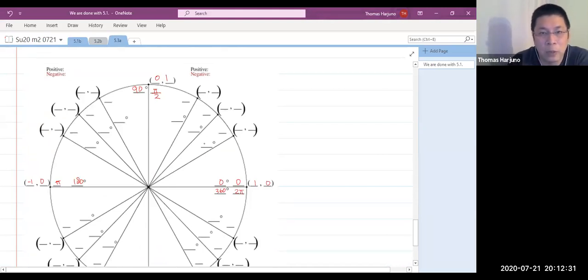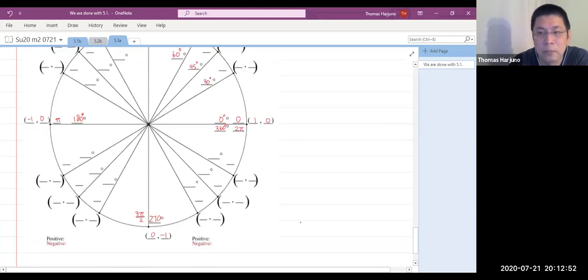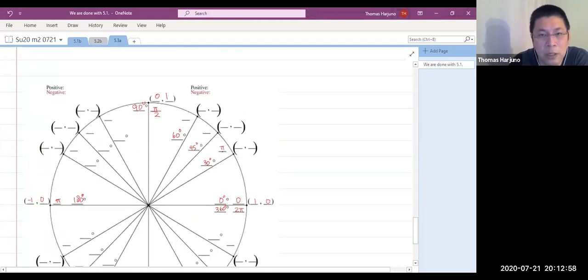Okay, then we have 30 degrees, 45 degrees, 60 degrees, and the corresponding angles in radians will be pi over 6, pi over 4, pi over 3. The coordinates for 30 degrees: cosine 30 degrees is radical 3 over 2.